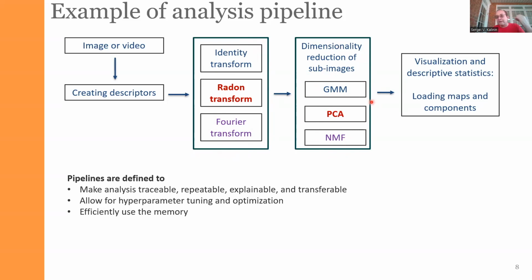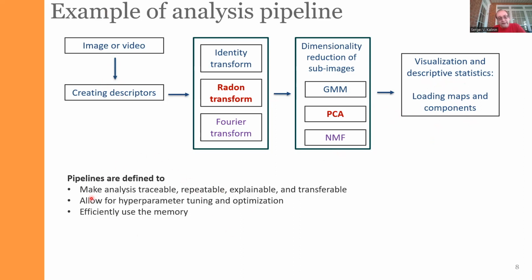So you separate it into the components and the loading maps. And then you visualize what you got. You can visualize the descriptive statistics, you can visualize the loading maps, you can examine the components. So let's say 5 years ago, if you did something like this, you could publish a paper about it. By now, this is a relatively short program in scikit-learn, so you just use it as the regular tool.